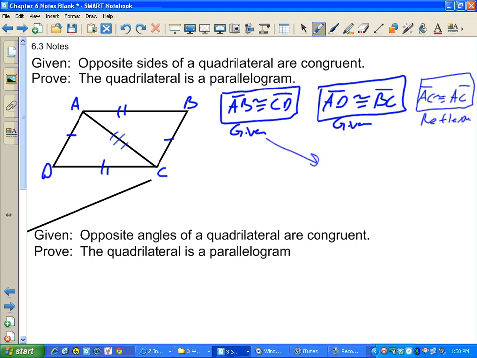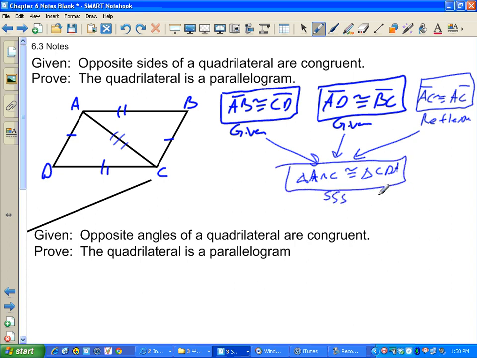These three things lead me to say that triangle ABC is congruent to triangle CDA, by side, side, side.